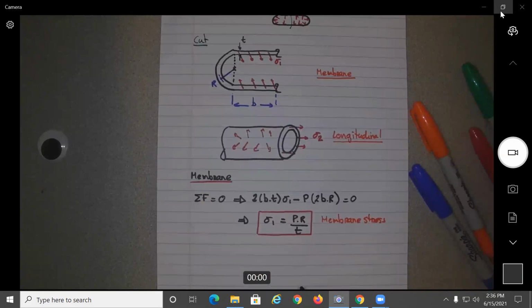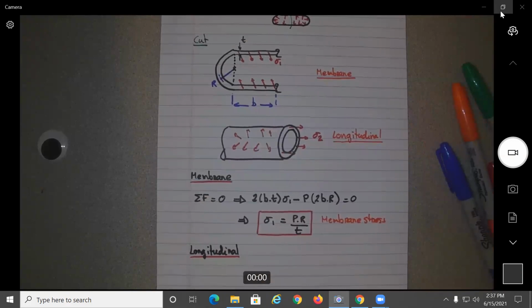And similarly, if you do the longitudinal, you will get something similar as before.